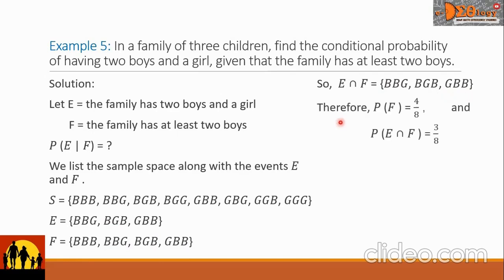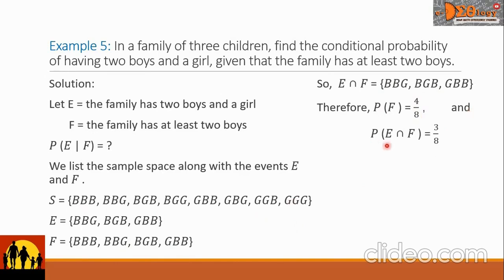Now, we can notice that P of F equals 4 over 8. We write here 4 because there are 4 elements in our event F, and in our denominator is 8 because there are 8 elements in the sample space.